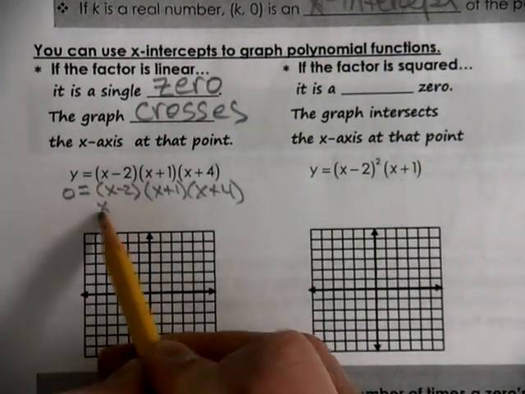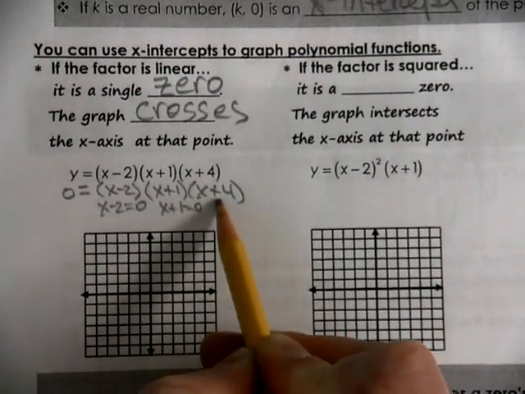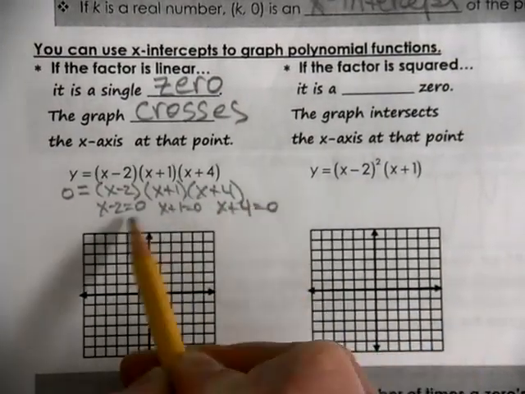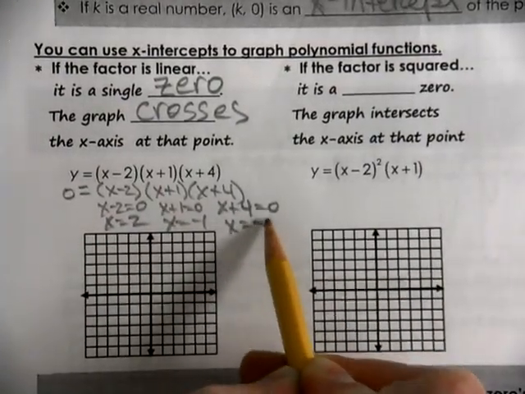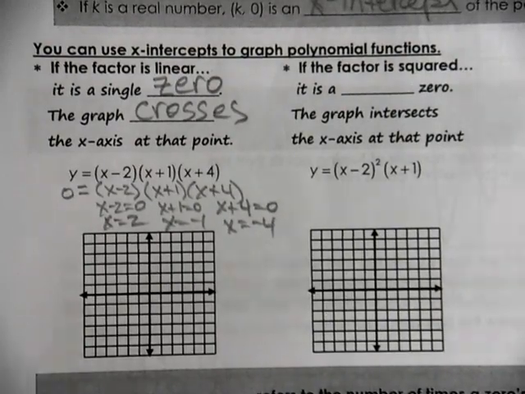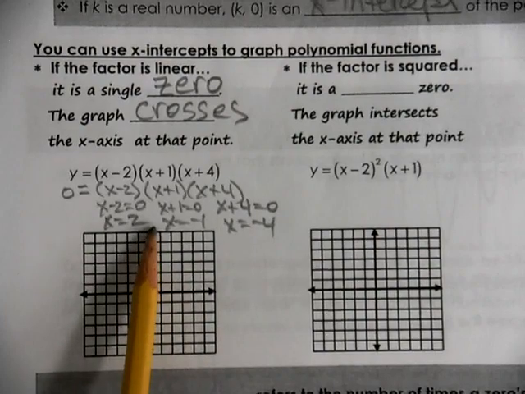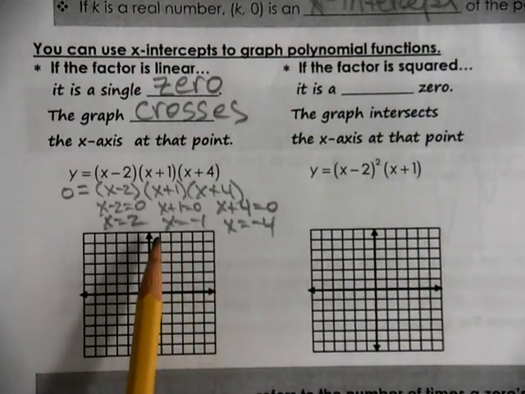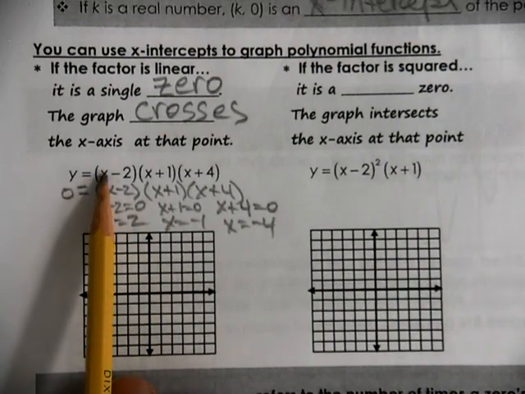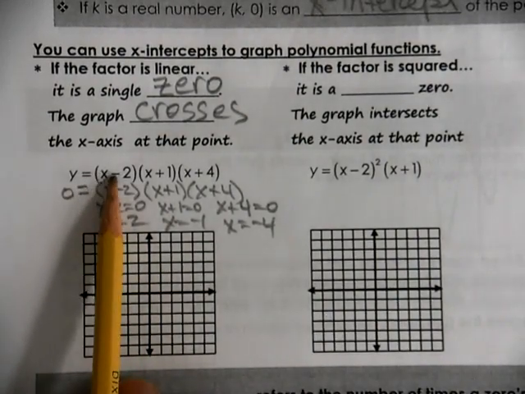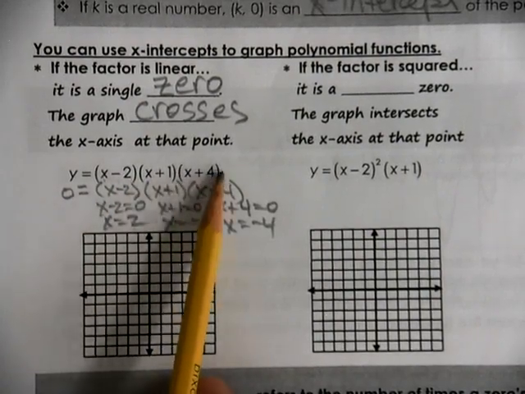So we'll do our zero product property, setting each of our factors to 0. So x equals 2, x equals negative 1, and x equals negative 4. What that means is if you plug in one of these zeros, one of these solutions, into your equation, like you plug in a 2, you get 2 minus 2 is 0. 2 plus 1 is 3. 2 plus 4 is 6.